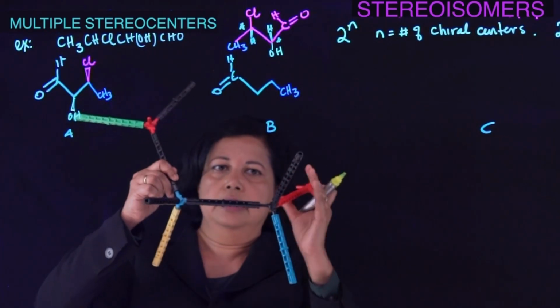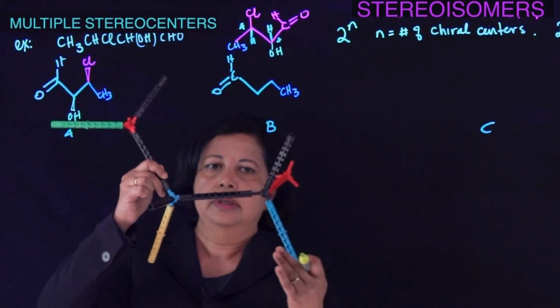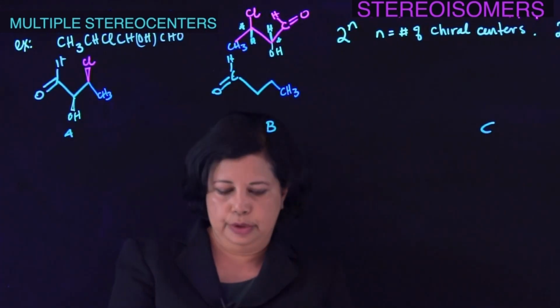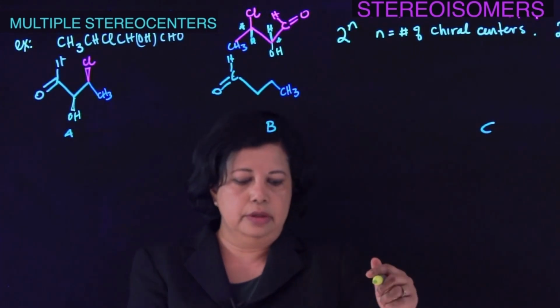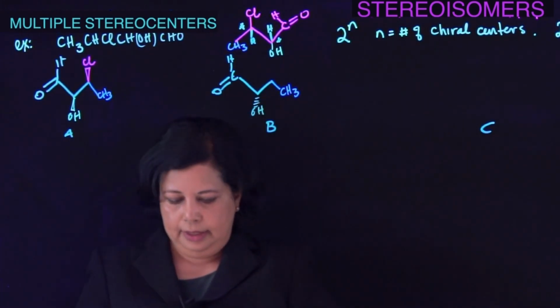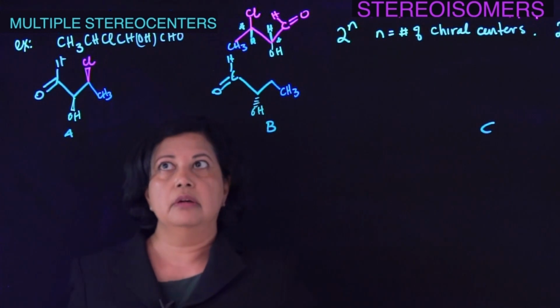So the hydrogens are coming toward you, the groups are going away from you. So let's draw that out. So here's your hydroxyl, and here is your chlorine.